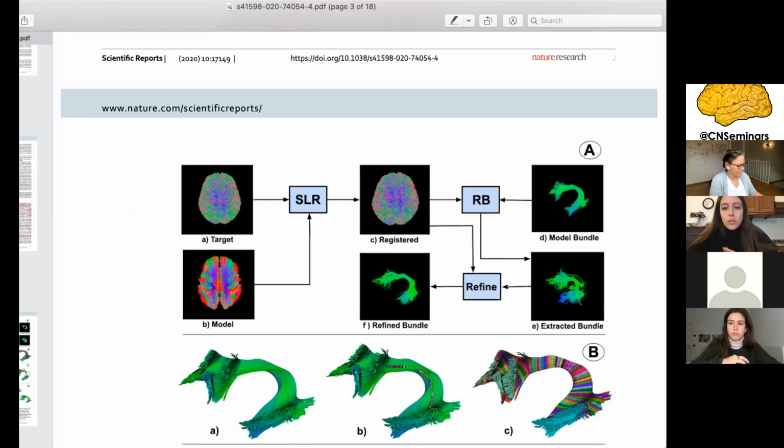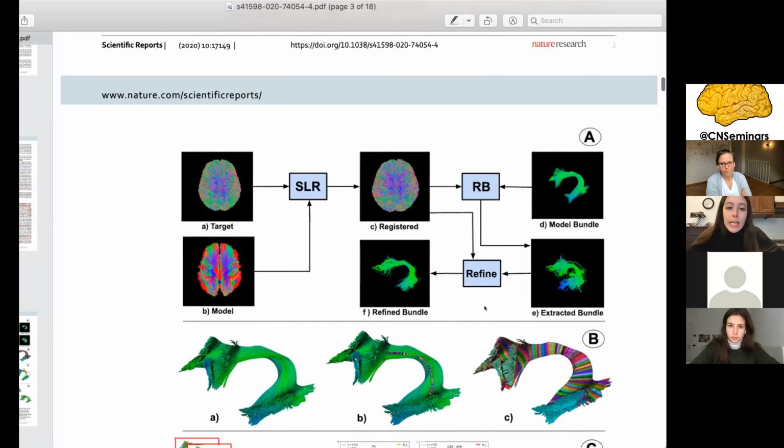From what I got, basically you use the extracted bundle as a model bundle, and then you rerun a second step of RecoBundles. This is due to the fact that we are using a population-based atlas for extracting the bundle in the population. And then in order to have a more anatomically plausible version of the bundle, they use this type of trick. They also say that it's very efficient when you need to extract bundles that are very small or that are difficult to disentangle in the whole brain tractogram.